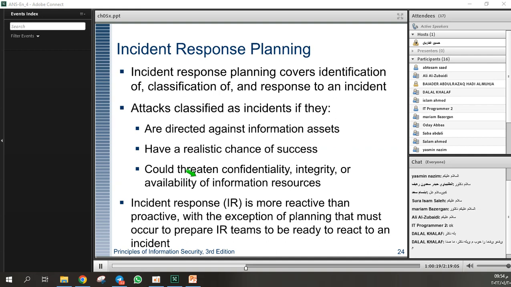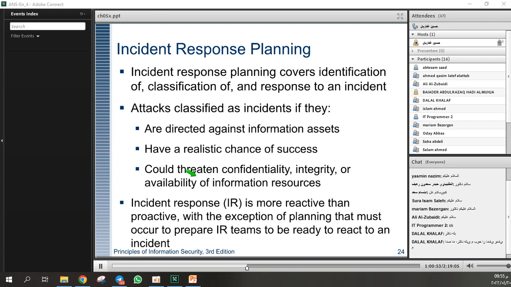Based on something like this, and based on the threat level of that incident against my information property, my information resources, I can decide the class of that attack.